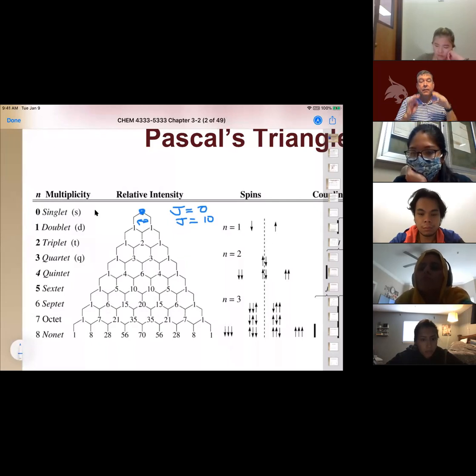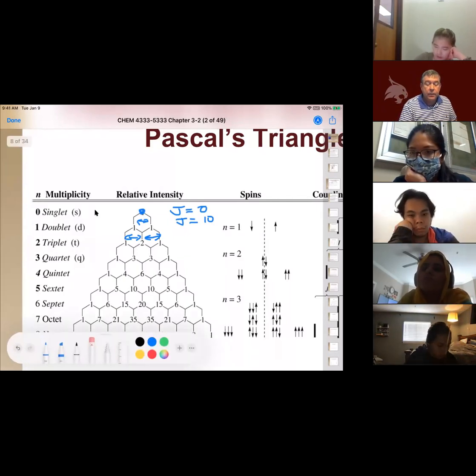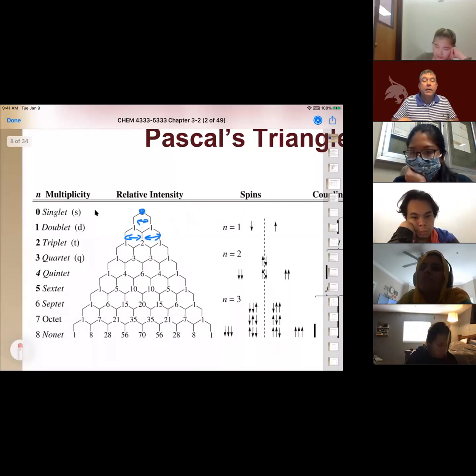So that tells you the split we get and the fact that it splits, giving us 2 peaks. What if you have other protons that also split? If they have the same coupling constant, we then go up and down, and we get that second pattern, that 1, 2, 1 pattern for our 2. So this Pascal's triangle is where we got those patterns that you remembered in organic. But the fact is we can actually calculate them and show what the intensity of each of these different peaks are.